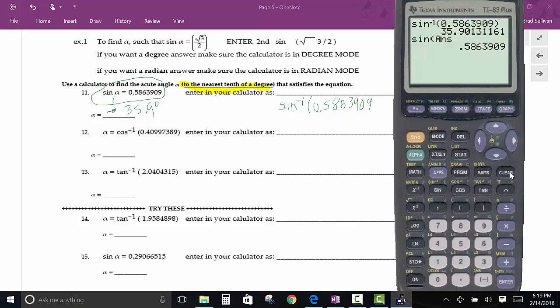Okay. Now let's go on and do the cosine like this. So now you would go second cosine, and then you would put in 0.40997389, close parentheses. Then that would give you about, we'll just say that's about 65.8.